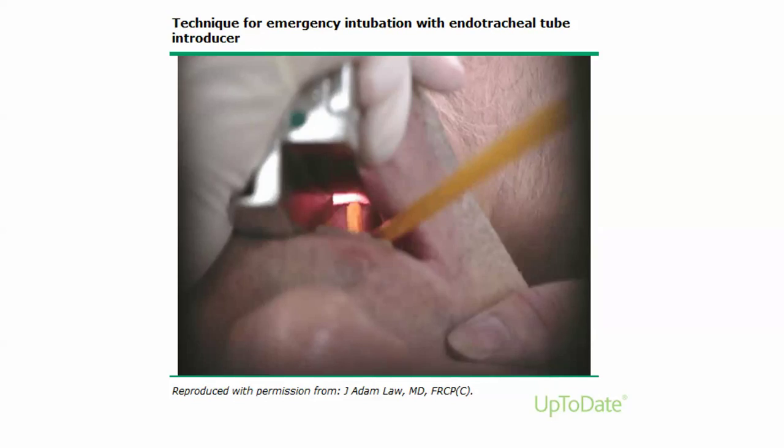I show this picture for a couple of reasons, and this shows the use of an endotracheal tube introducer. It looks like an Eschmann, and it comes from UpToDate, and the person who is responsible for this photograph is on faculty at Dalhousie University, which is where I trained.